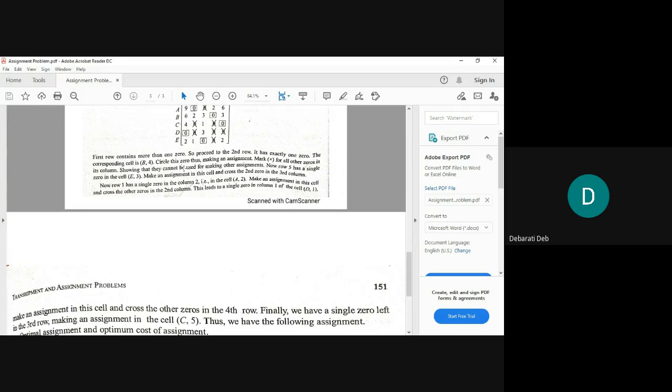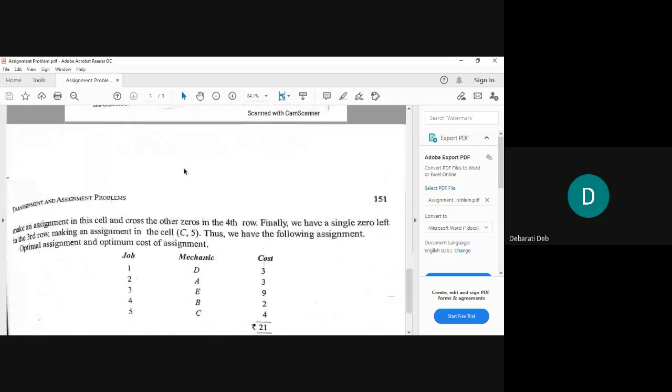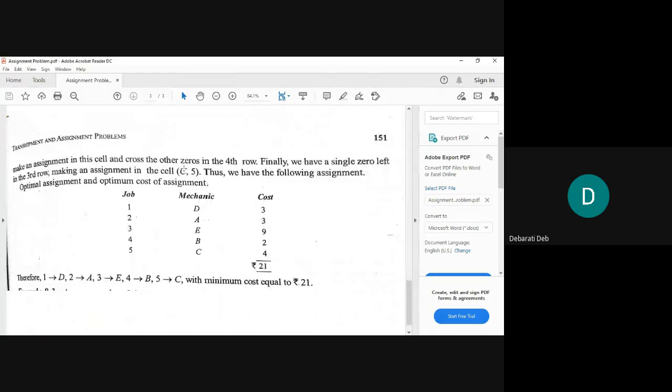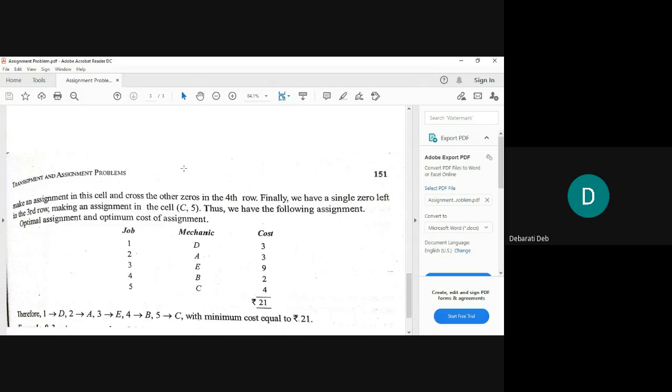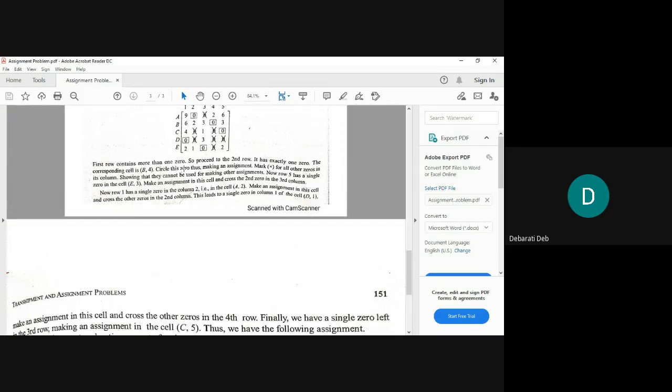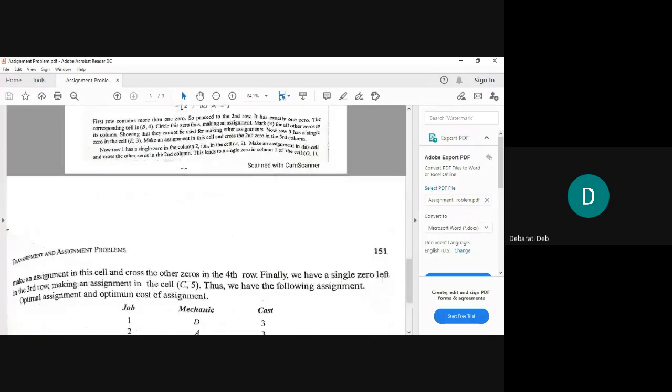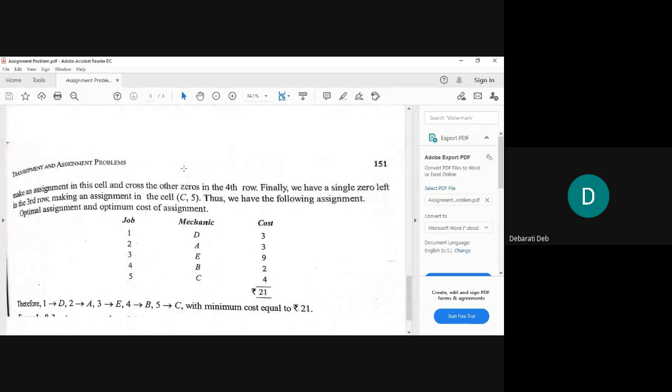See the previous table where you have drawn the circles and the crosses, and fill up this column. Job 1 assigned to mechanic D. Job 2 assigned to mechanic A. Job 3 assigned to mechanic E. Job 4 assigned to mechanic B. And job 5 assigned to mechanic C. Like that you will write.